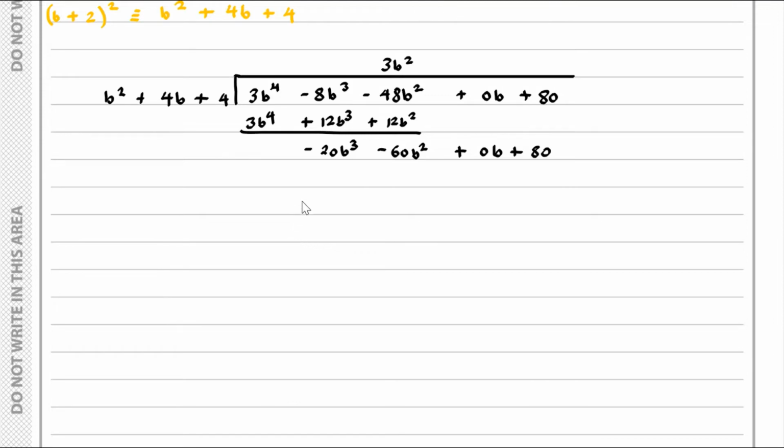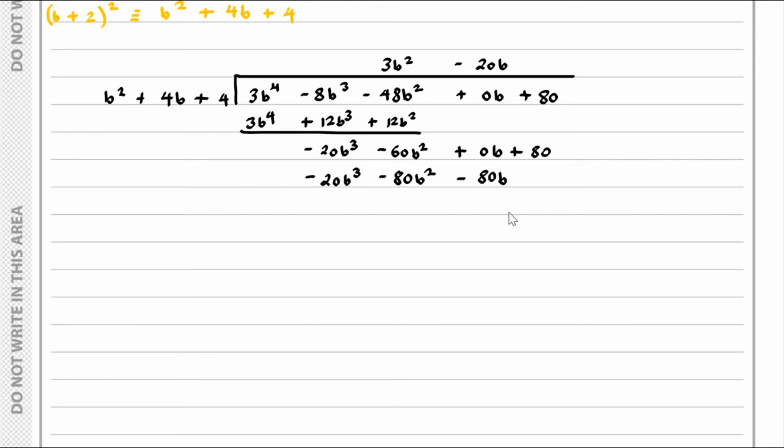Okay, and minus 20b cubed divided by b squared, that would be minus 20b. So here we have minus 20b, and multiply this by this, we end up with minus 20b cubed minus 80b squared minus 80b.